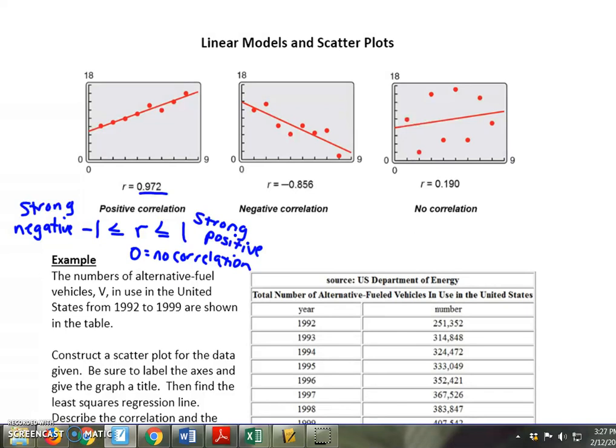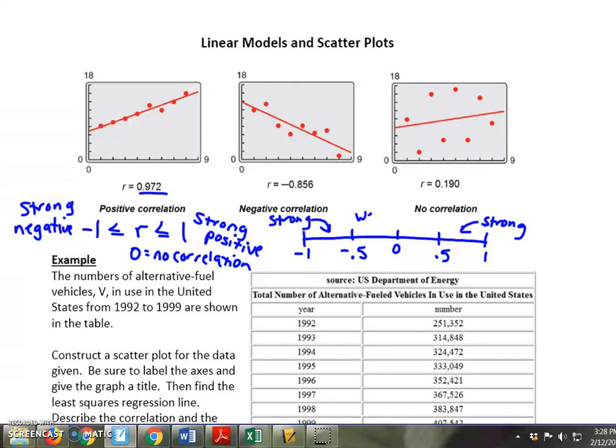If you're looking at correlations on a number line from -1 to 1, here's my -0.5, here's my +0.5, then the values beyond these are going to be fairly strong.